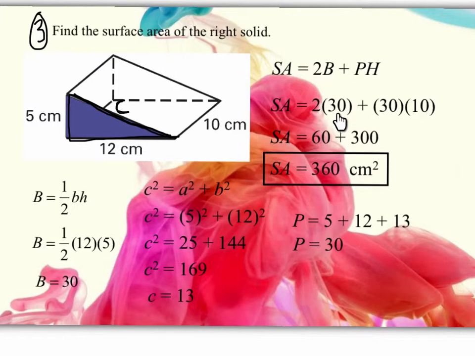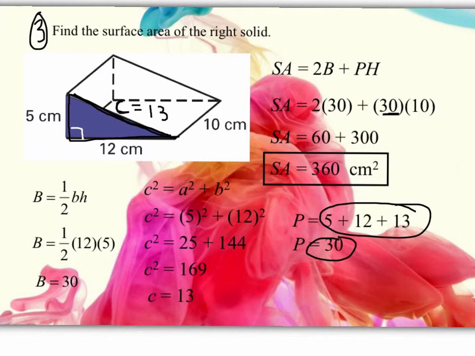So that goes into our formula here. Then I need to find the perimeter of the shape, and to do that, I need to know the hypotenuse. So I have to use Pythagoras' theorem because this is a right triangle here. And I do a squared plus b squared equals c squared. I find out that c is actually 13, which is great. So c equals 13. And then I'll add up all those sides to get that p equals 30.